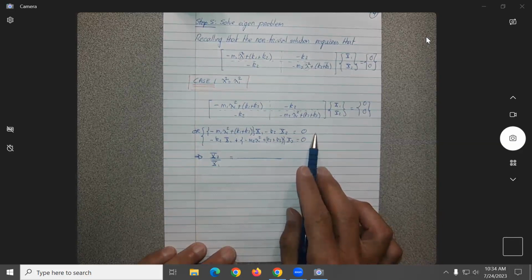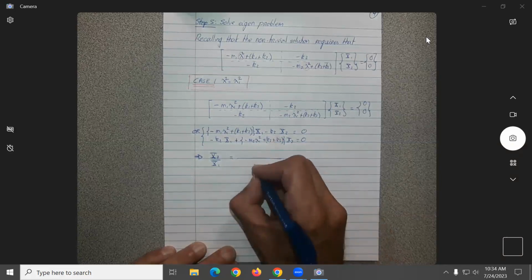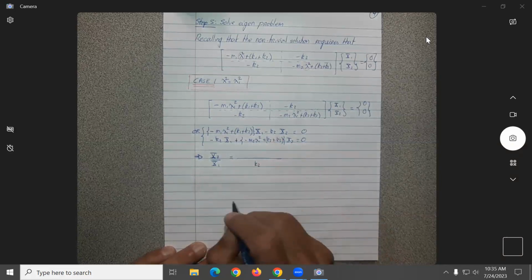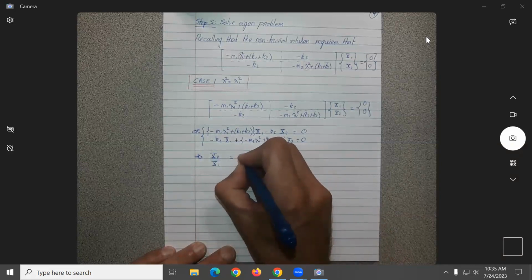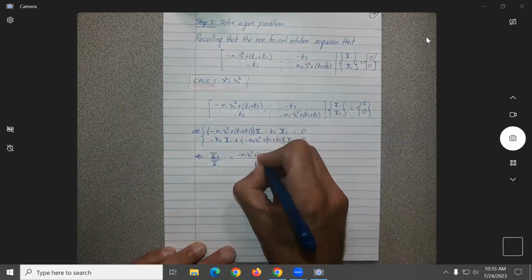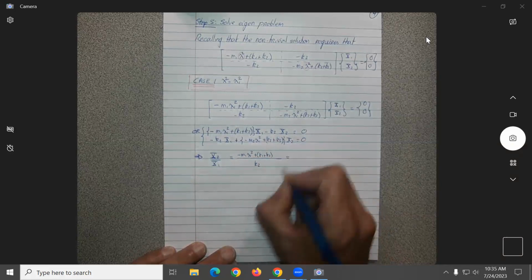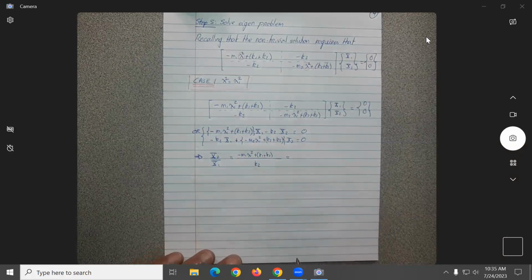Yeah. Okay. So we're going to have what over here? If we look at this one, then we're going to have here K2 dividing, and here we're going to have minus M1 λ1 squared plus K1 plus K2. Yeah, from the top equation.